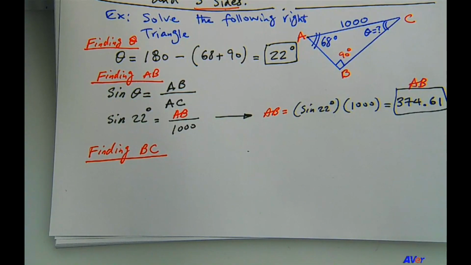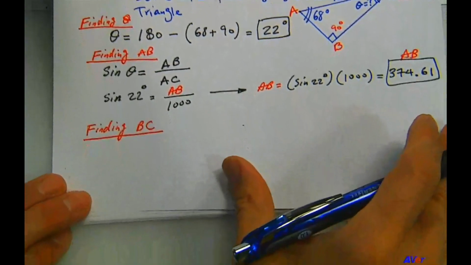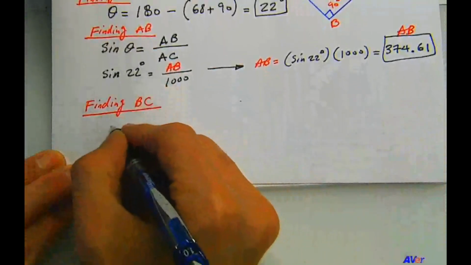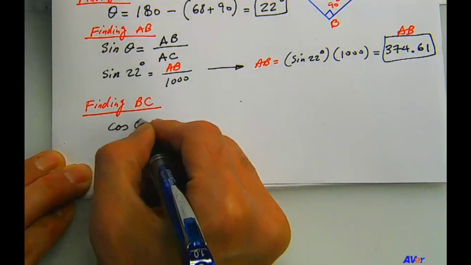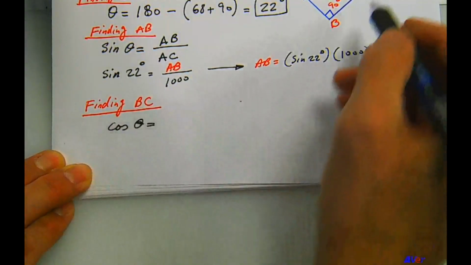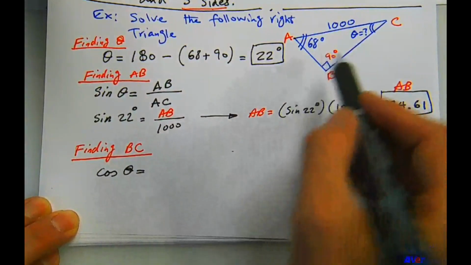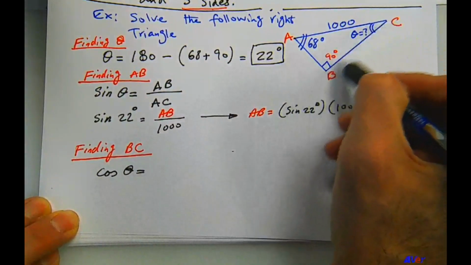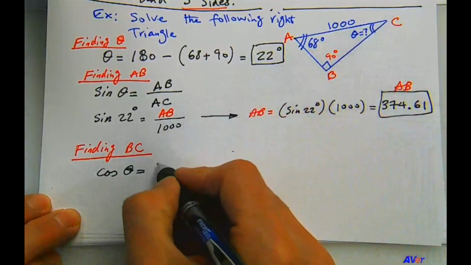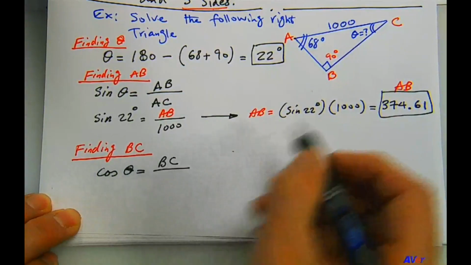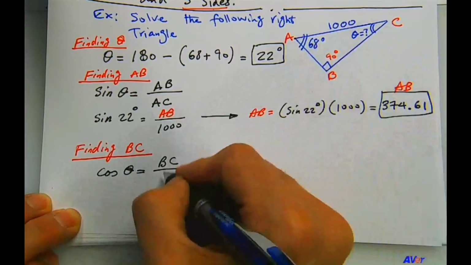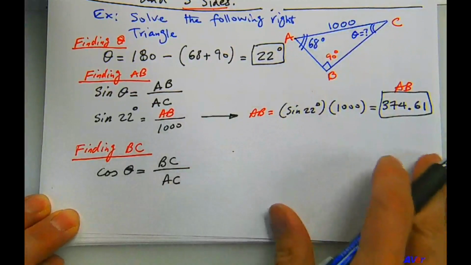If you said the cosine function, you're absolutely correct. So we have cosine of theta equals BC divided by the hypotenuse, which is AC.